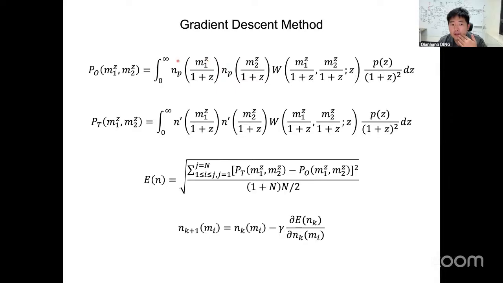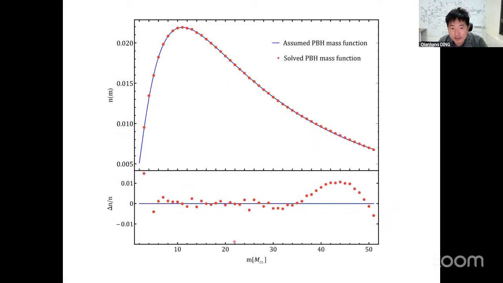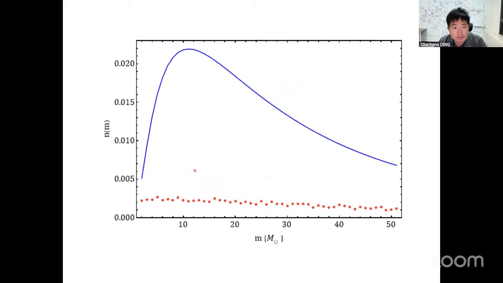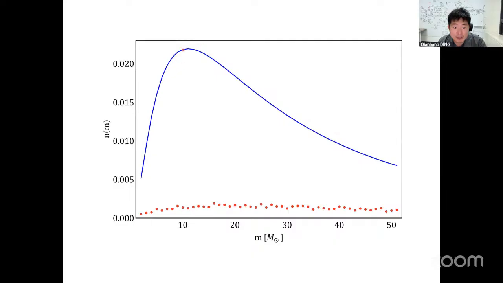Let's consider the major PBH mass around the tens of solar masses. If a 10 solar mass PBH is observed at redshift 0, the observed redshift mass is 10. But if a 10 solar mass PBH is observed at redshift 100, the corresponding redshift mass is 10 times 101, so around 1000. So that means for this kind of PBH mass, they correspond to a very broad redshift mass range.